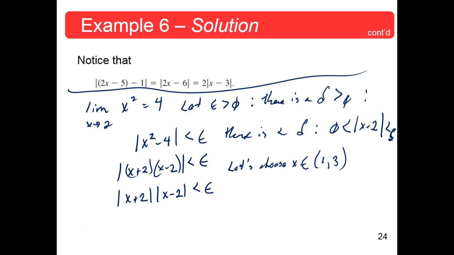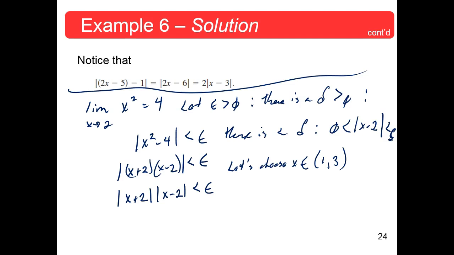Now, x minus 2 is not necessarily positive, but x plus 2 is guaranteed to be positive. 1 plus 2 is 3, and 3 plus 2 is 5. Both of those are positive numbers, the larger of them being 5. So we're going to focus on the larger one, because we want something less than. This is what they're doing in the book.